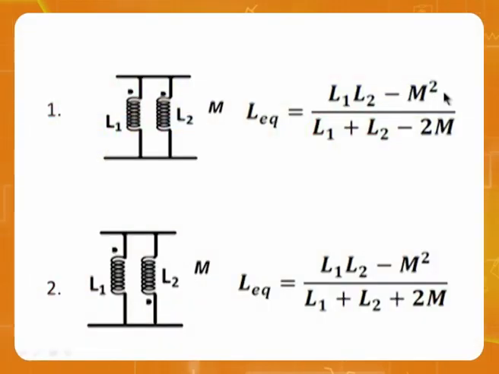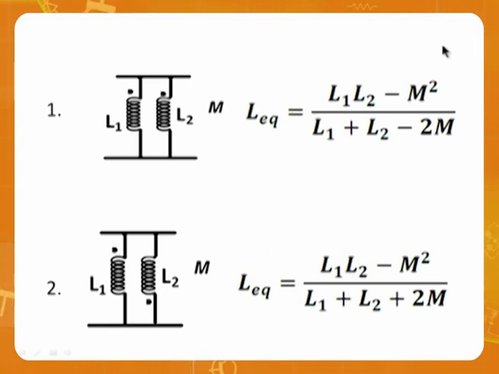Before going to third problem, as I said, parallel equivalents, how to handle. See, L1, L2, both are same dots: L1 L2 minus M square by L1 plus L2 minus 2M. Opposite dots: L1 L2 minus M square by L1 plus L2 plus 2M. As I have been telling, you have minus sign, you have plus sign.